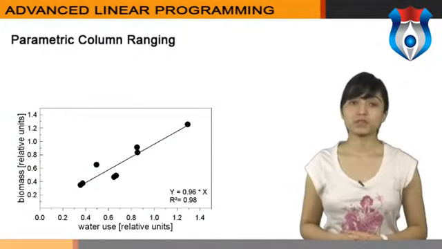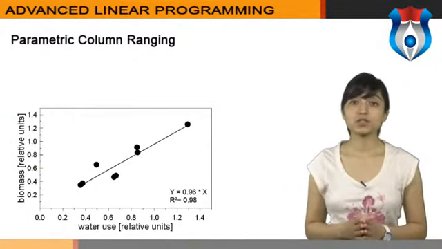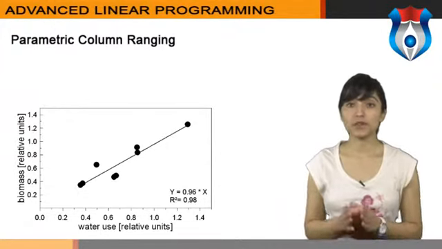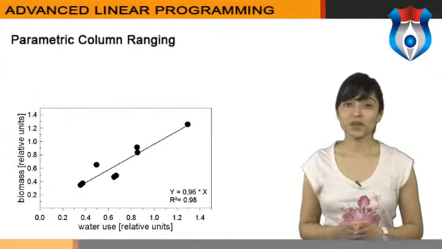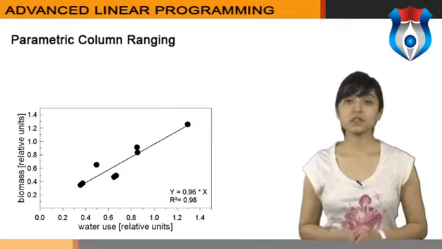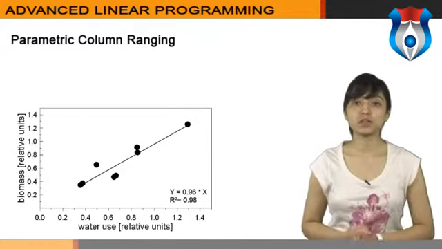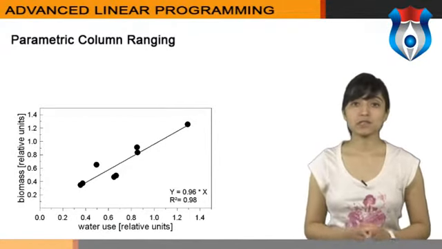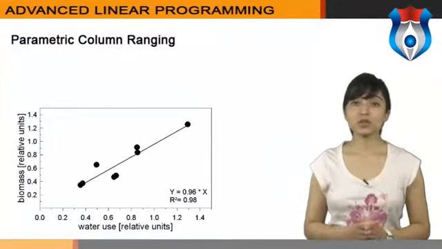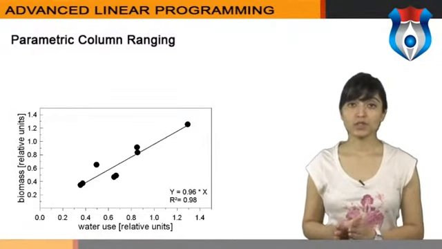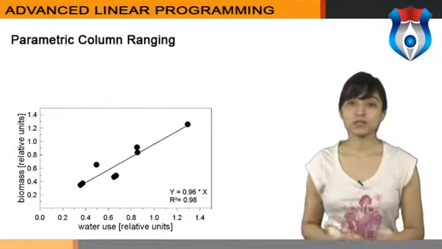Parametric column ranging. This option is used to direct the parametric ranging of elements within a specified column. A certain ingredient is selected, only one ingredient at a time can be considered. Several or all of the row values within this column may be increased or decreased.